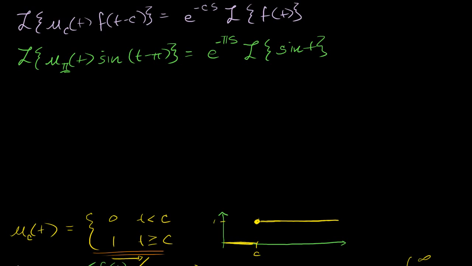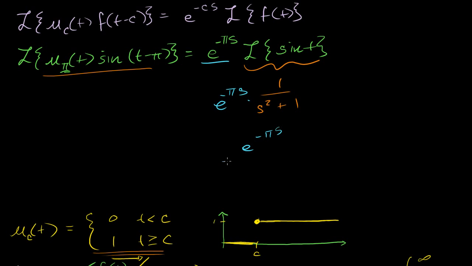And we know what the Laplace transform of sine of t is. It's just 1 over s squared plus 1. So the Laplace transform of this thing here, which before this video seemed like something crazy, we now know is this times this. So it's e to the minus pi s times this, or we could just write it as e to the minus pi s over s squared plus 1.